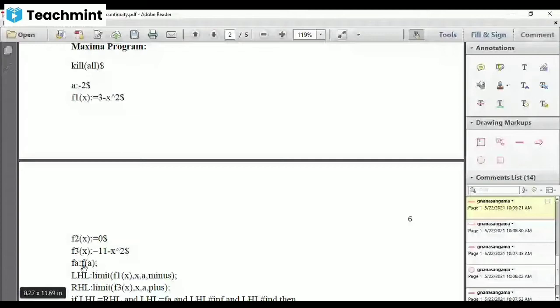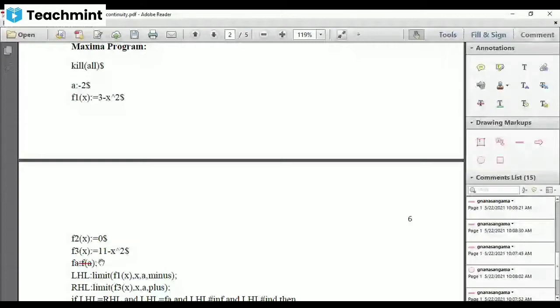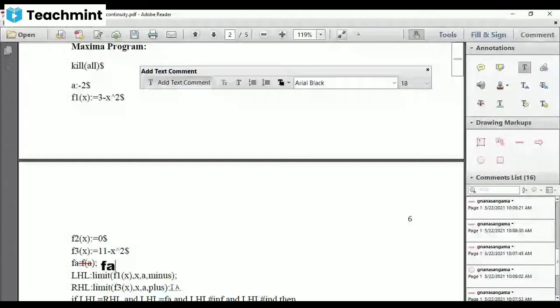You can write this one like this also. Instead of writing this, you can write fa colon f2 of a.